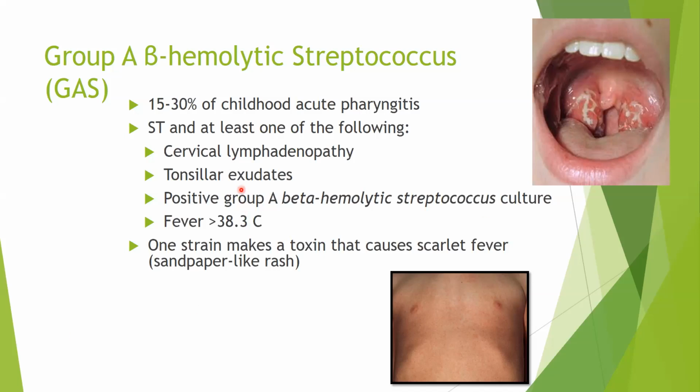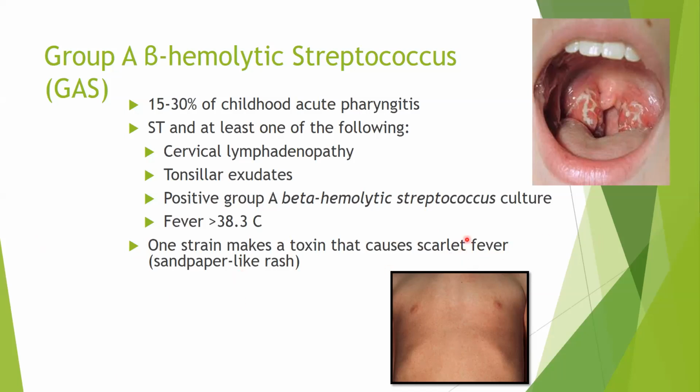They're going to have a positive beta hemolytic streptococcus culture, and they'll probably have a fever. If they also have this sandpapery rash, it's a really rough rash that's equally dispersed over the torso, that is a hallmark for scarlet fever.